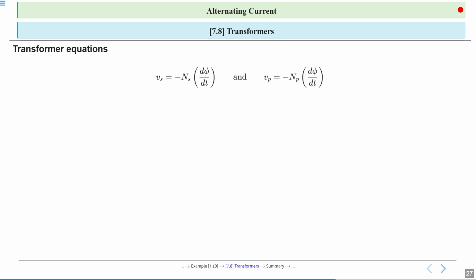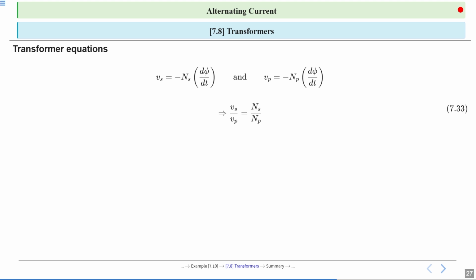After taking the ratio, we got Vs upon Vp, voltage across the secondary coil upon voltage across the primary coil. This ratio will be equal to the ratio of number of turns of both coils.